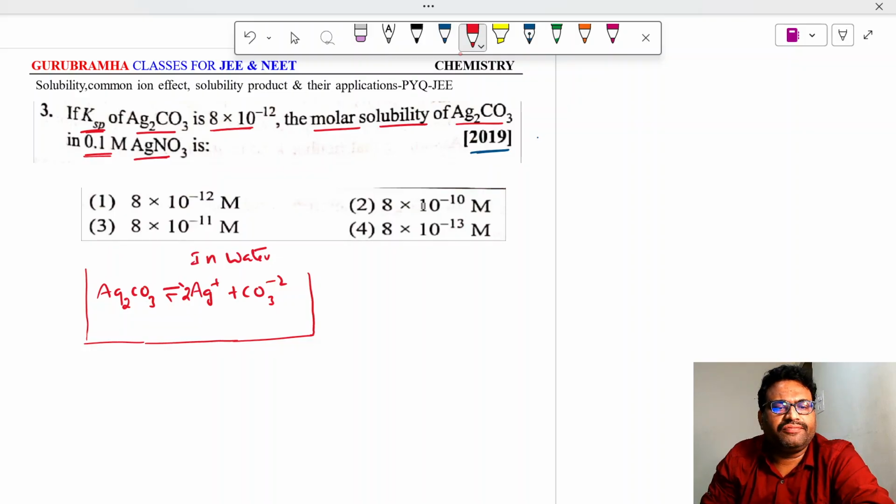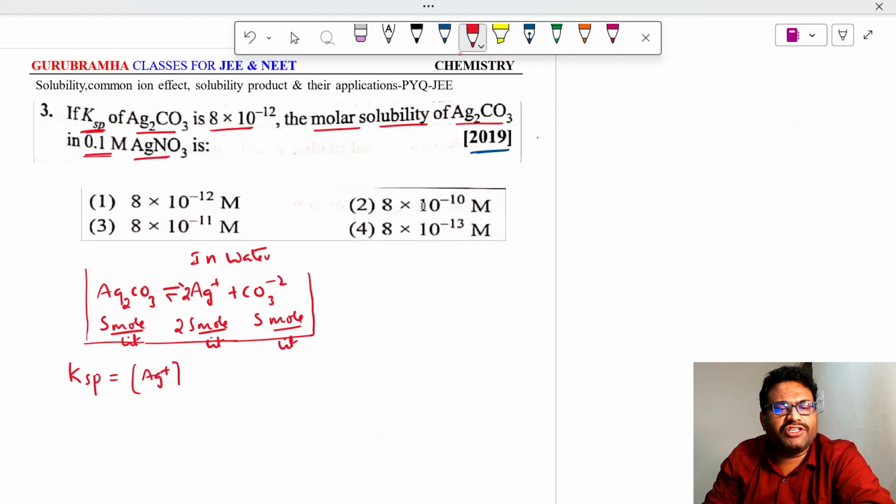If the solubility of Ag2CO3 is S moles per liter, then the concentration of Ag plus formed is 2S moles per liter and carbonate is S mole per liter. Then what will you write? Ksp of Ag2CO3 is equal to the Ag plus concentration squared into the CO3 minus 2 concentration.